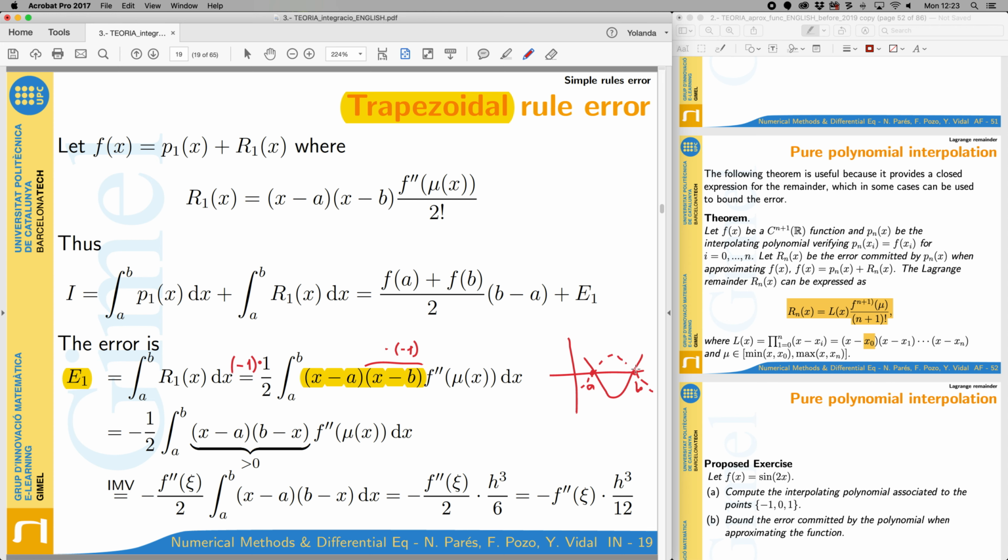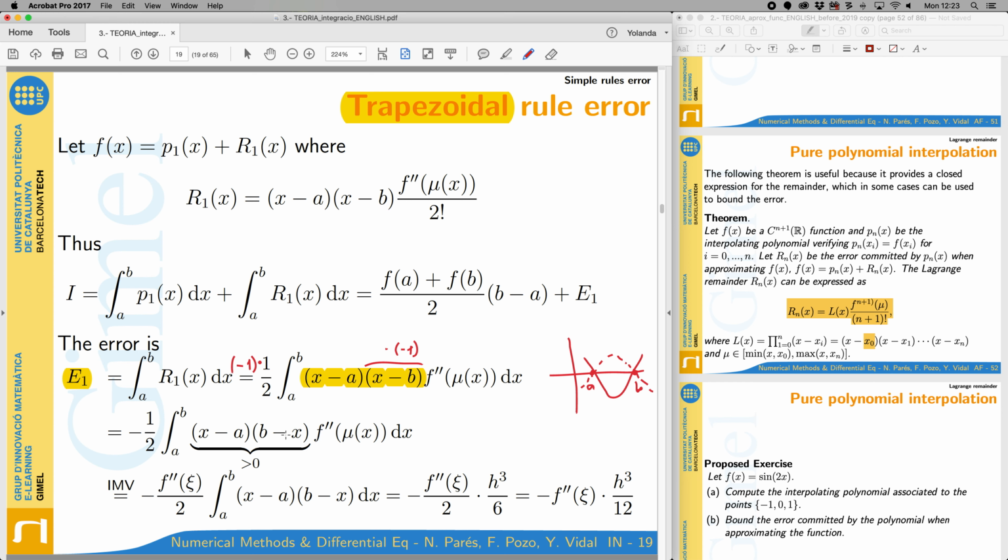You can see that now it should be a parabola. Now this is minus x squared. So if the higher degree coefficient is -1, minus x squared, that means that we have a maximum. So it looks like this, because the zeros are also a and b.